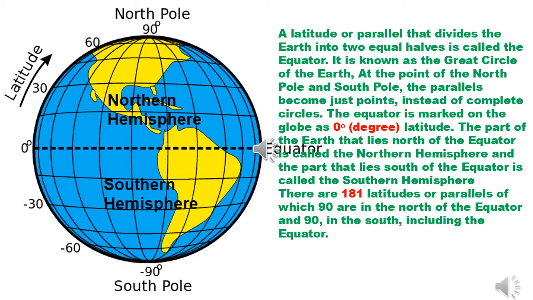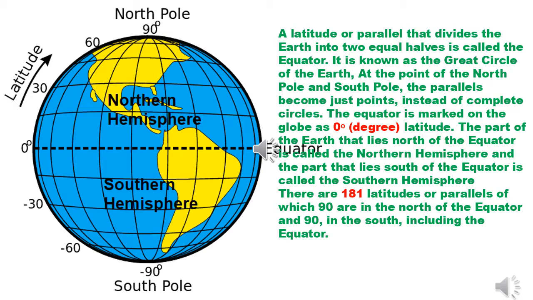The equator is marked on the globe as 0 degree latitude. The part of the earth that lies north of the equator is called the northern hemisphere and the part that lies to the south of the equator is called the southern hemisphere.